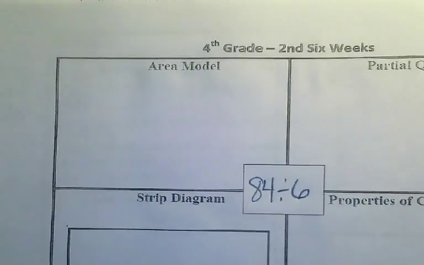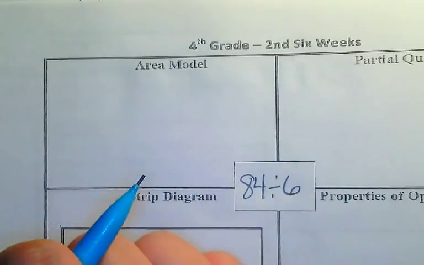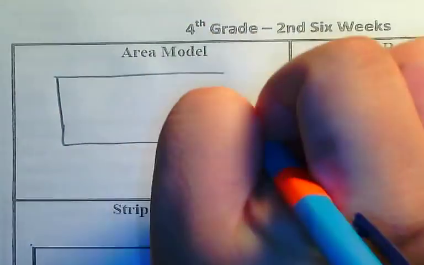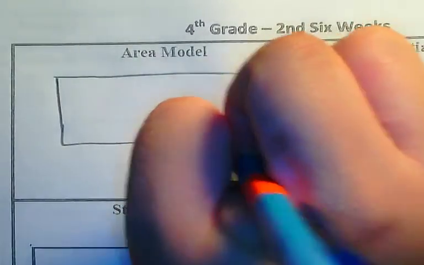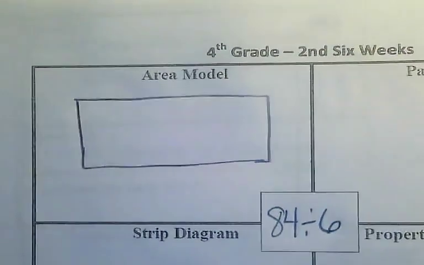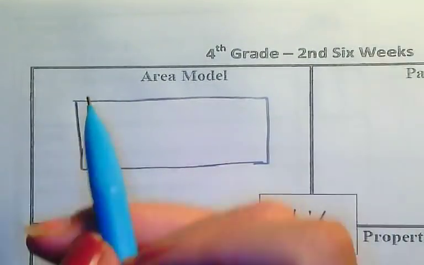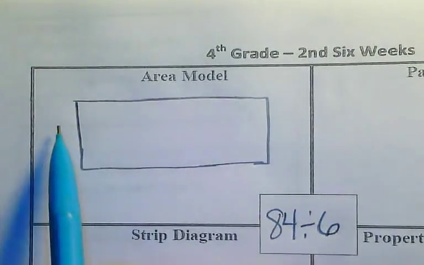I'm going to zoom in to focus only on that one. Remember that the area model is a rectangle model right here. No, we don't cut it in half. That's a strip diagram.